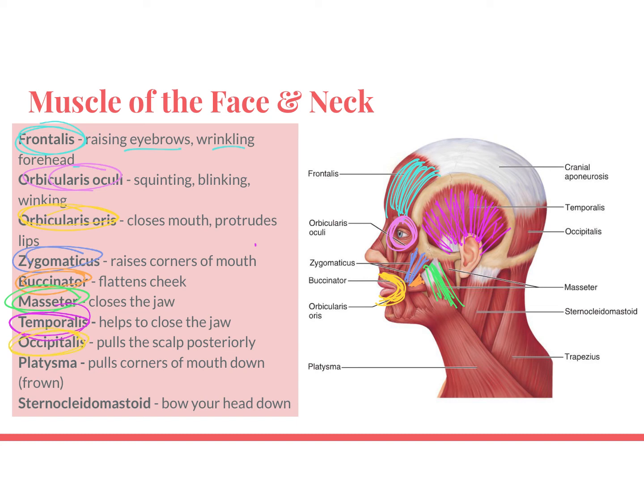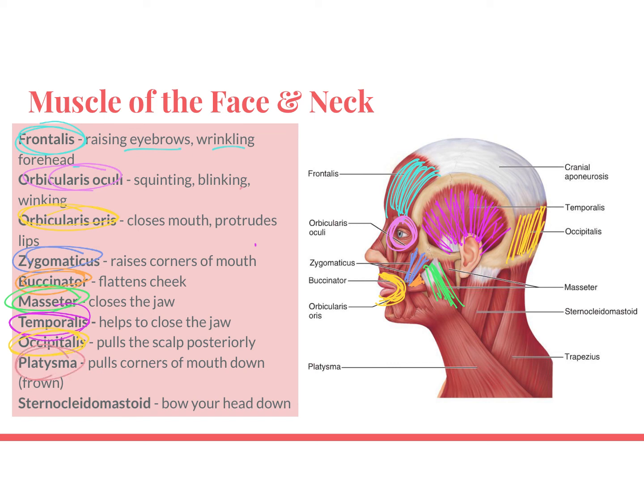Next, we have the occipitalis muscle, which is right on the occipital bone. This one helps to pull your scalp posteriorly. Now, I've always had a hard time with this muscle because I don't exactly know what it means to pull your scalp posteriorly, but some of you can do it. It's almost like you're wiggling your ears, kind of. So give it a try.